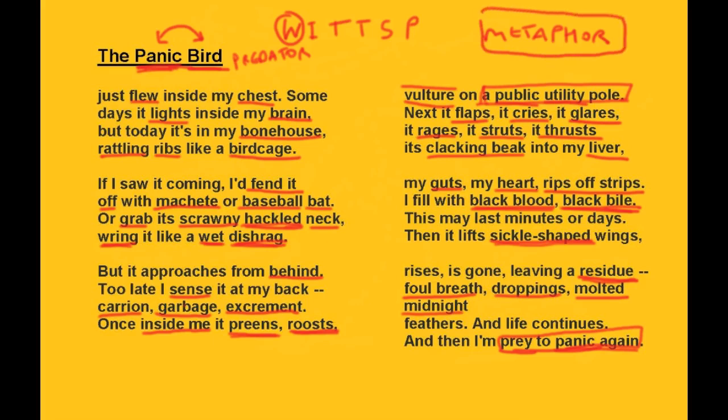Okay, and the whole poem is about this analogy. Not analogy, a metaphor. So it's actually an extended metaphor. So actually that's one of the poetic devices. So we can just circle that and add that there. Okay, so the panic bird is a predator which is preying on this poor poet, and the panic overwhelms him.